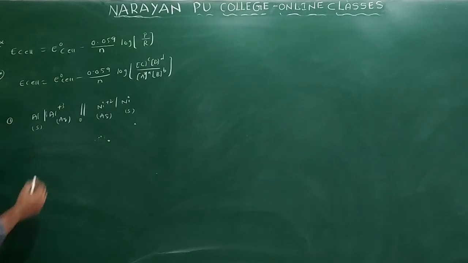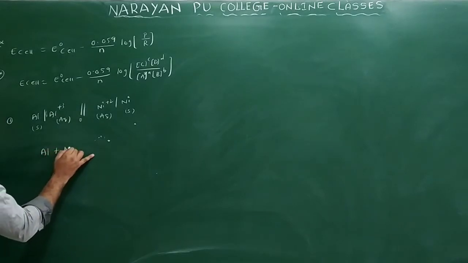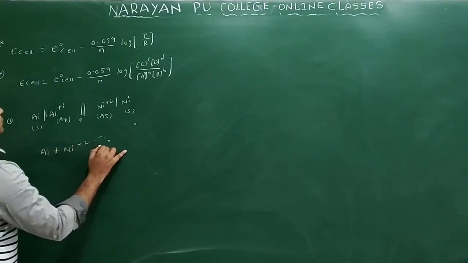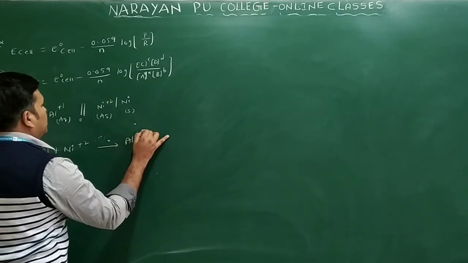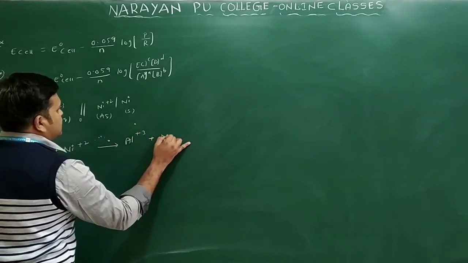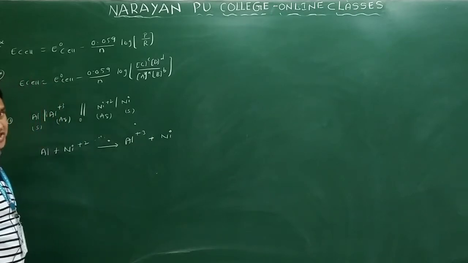Then you will get the terms we can take in this equation. So what is the equation? I will write it like this: Al plus Ni plus 2 gives Al plus 3 plus Ni. Aluminum undergoes oxidation, nickel undergoes reduction.